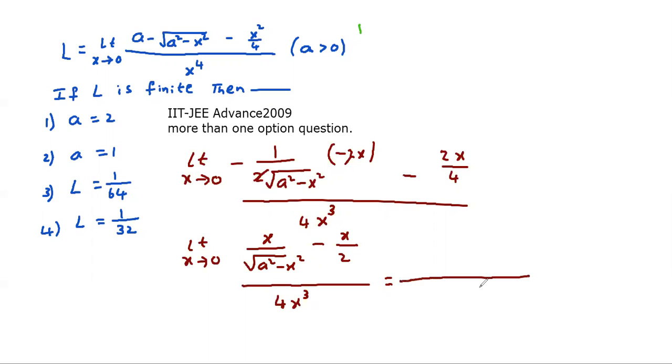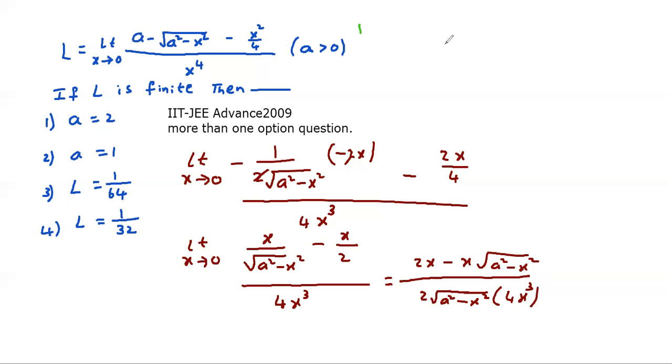That completely comes under one denominator. Now observe the cross multiplication. This is 2x minus x root a square minus x square. So this is the whole denominator, you can write like this into 4x cube.